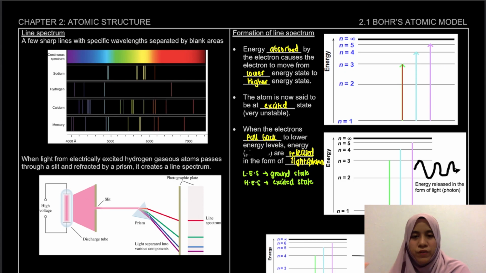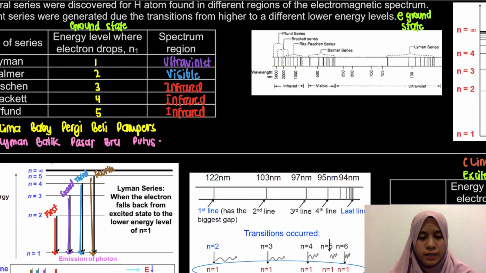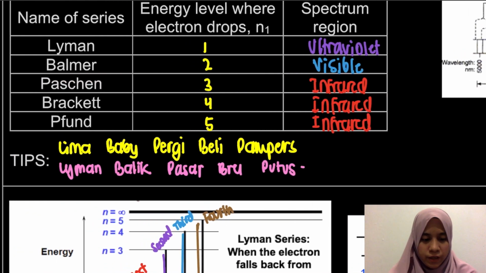After the formation of line spectrum, we learned that there are 5 different spectral series, and each series has a different ground state, which is a specific energy level n. They are Lyman, Balmer, Paschen, Brackett, Pfund.